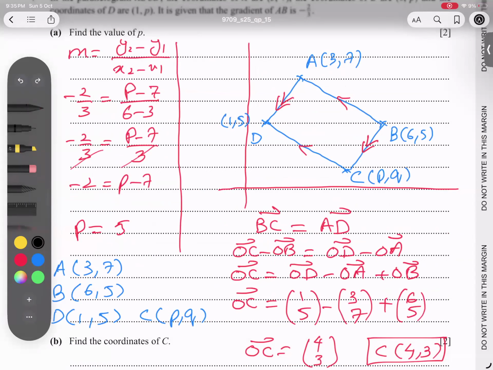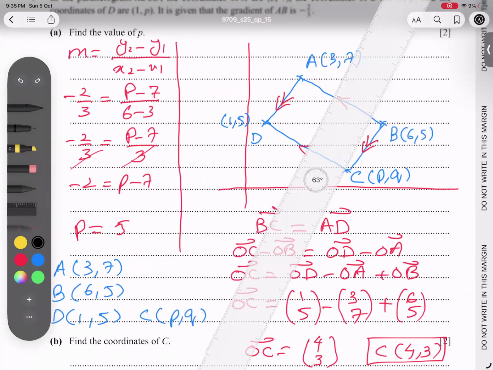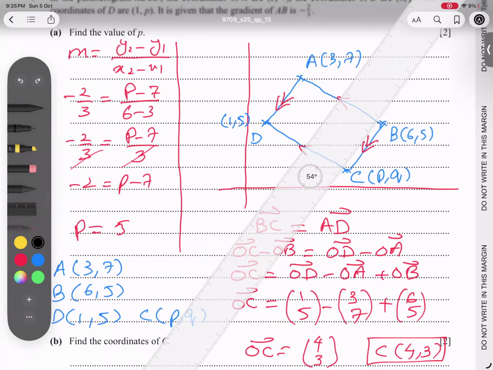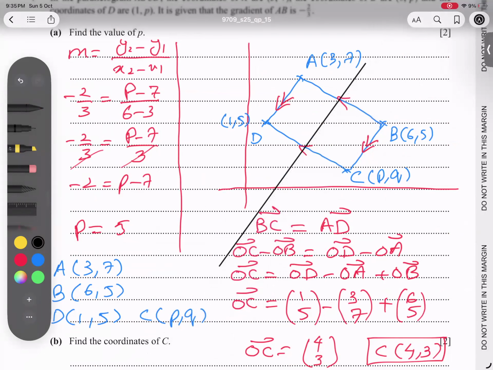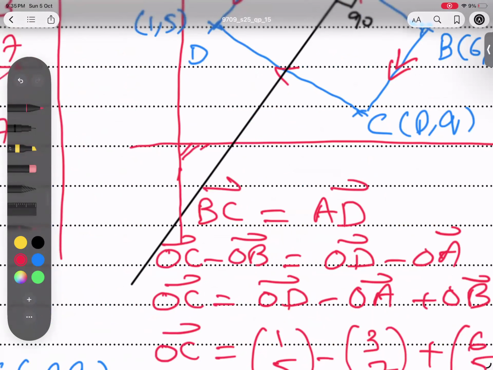And if I draw a perpendicular bisector, you can see this is the perpendicular bisector. It means making 90 degrees with AB, and it is intersecting the axes. Look now, this is the triangle he talks about.